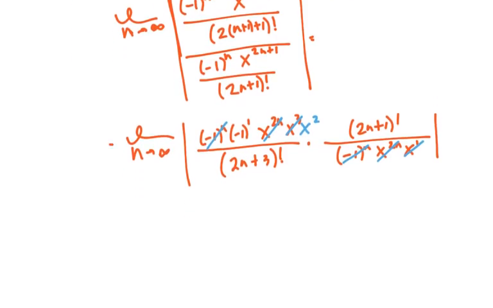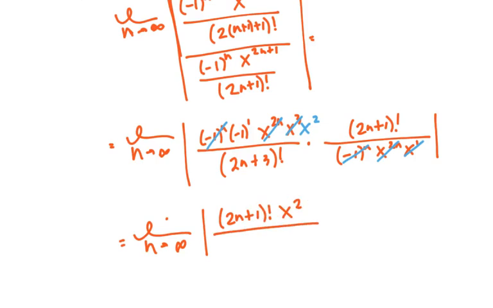So what we have now is the limit as n approaches infinity. The absolute value of negative 1 is 1. So we have 2n plus 1 factorial times x squared over 2n plus 3 factorial.